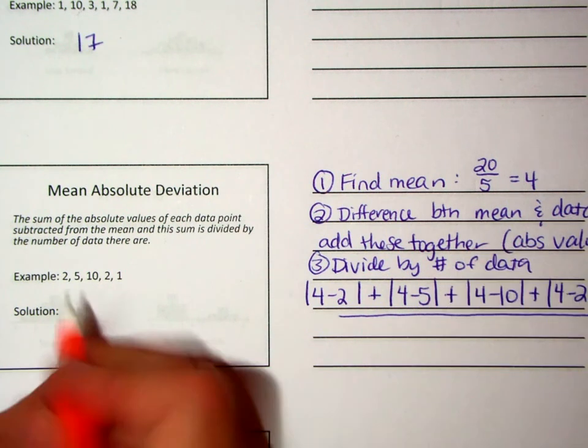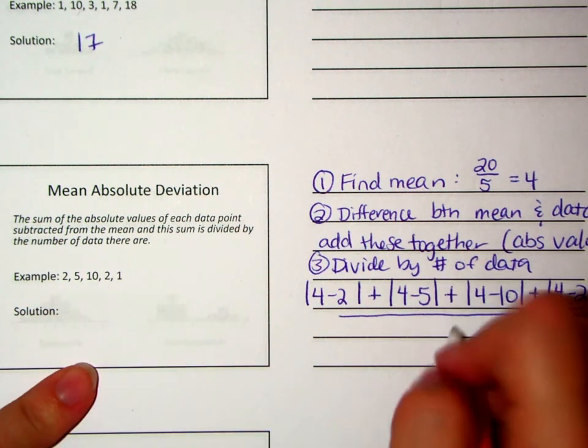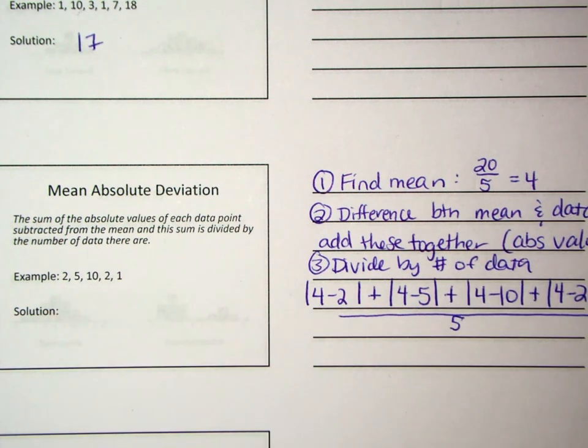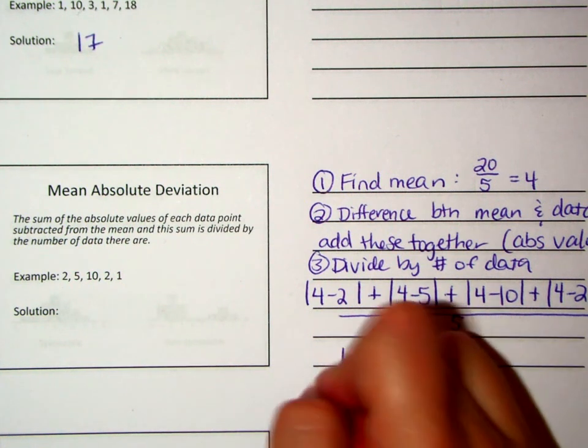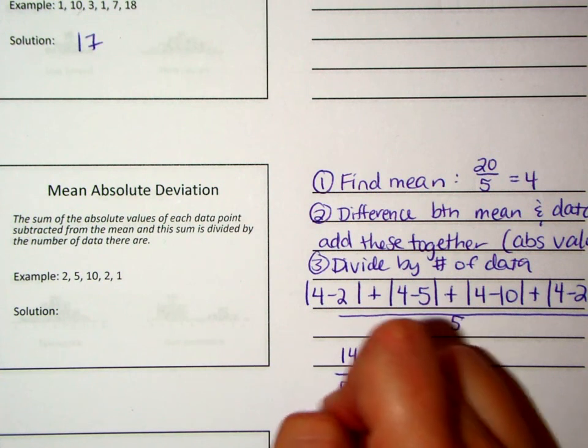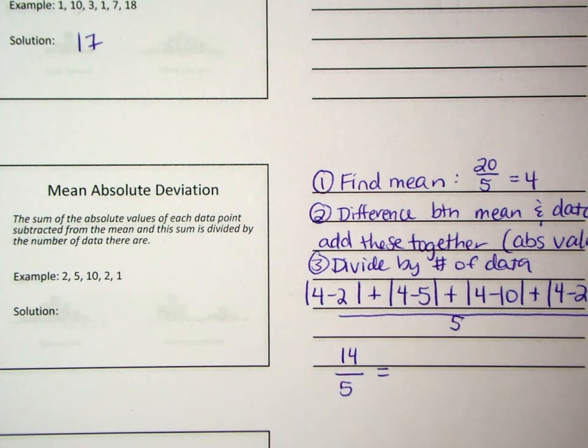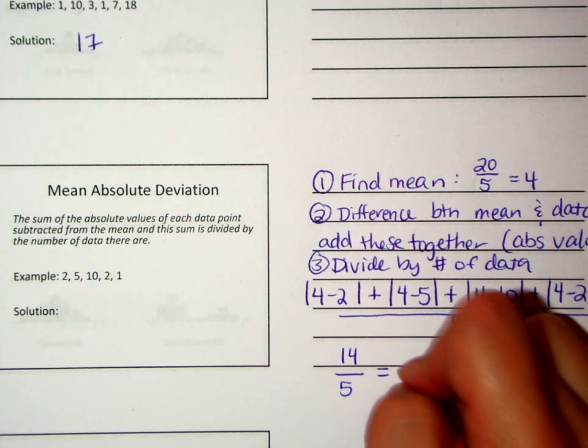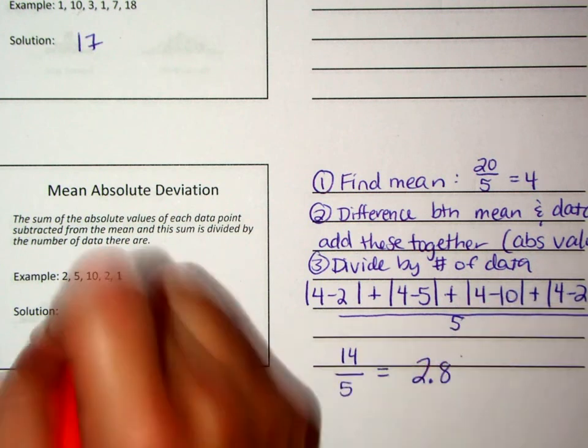In this case, we have 1, 2, 3, 4, 5 numbers. So then you're going to just do this all on the calculator. So the top, I will get 14, divided by the bottom, which will be 5. So 14 divided by 5 gives me a mean absolute deviation of about 2.8.